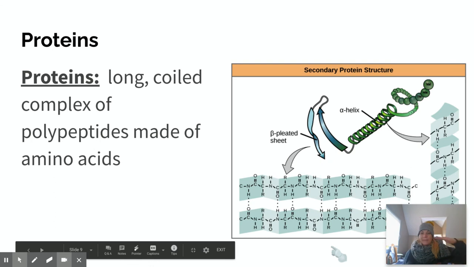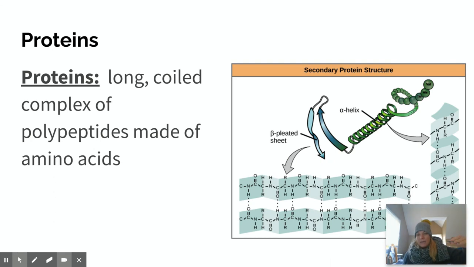So we start with amino acids, peptide bond, polypeptide, and then the polypeptides come together. So I will have, like, 2 strings of long polypeptides. They will come together and coil with each other or lay on top of each other to create proteins. Okay, and proteins are long, coiled, complex polypeptides that are made of amino acids, right? So you start with the amino acids, make the polypeptide chain, which makes the proteins. That's all I got.